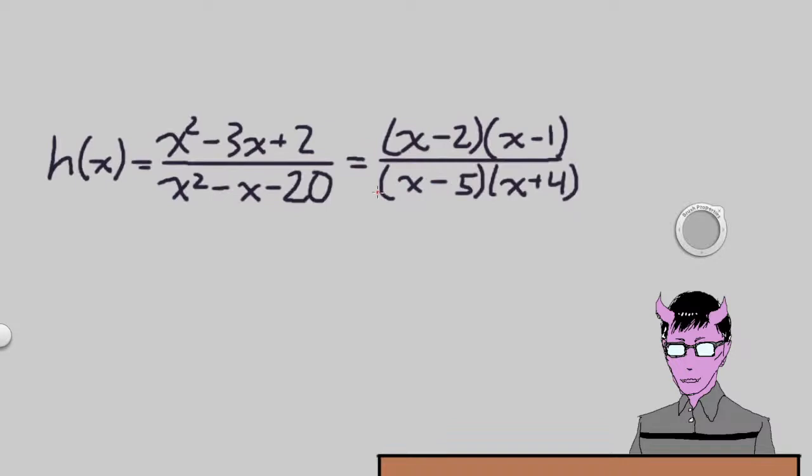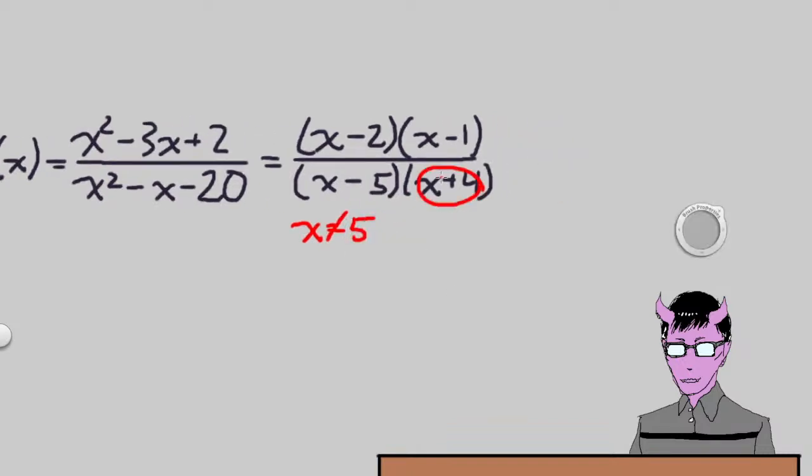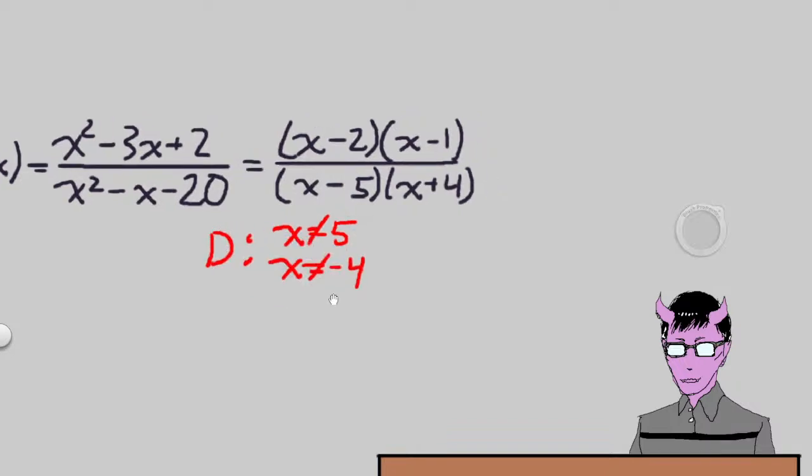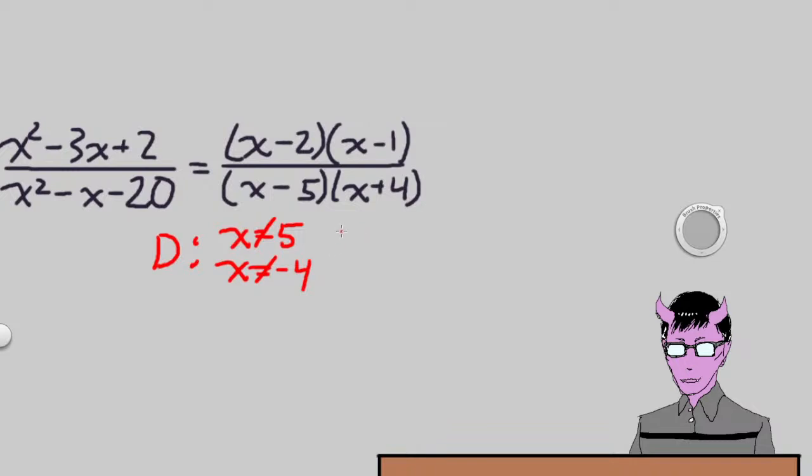So let us begin by finding the domain restrictions. So x cannot be 5. x cannot be negative 4. Those are domain restrictions, which means we have two vertical asymptotes. So vertical asymptote number 1 is at x is equal to negative 4.